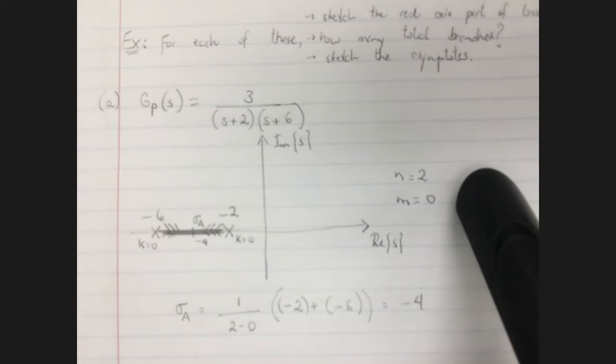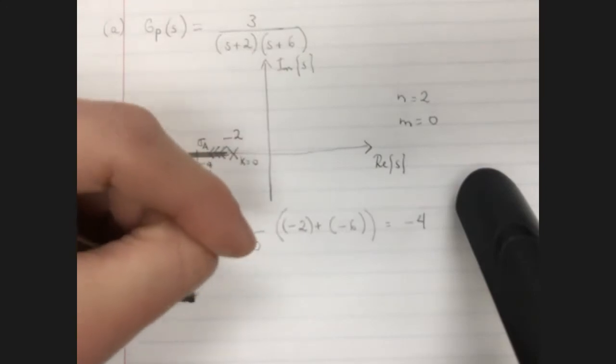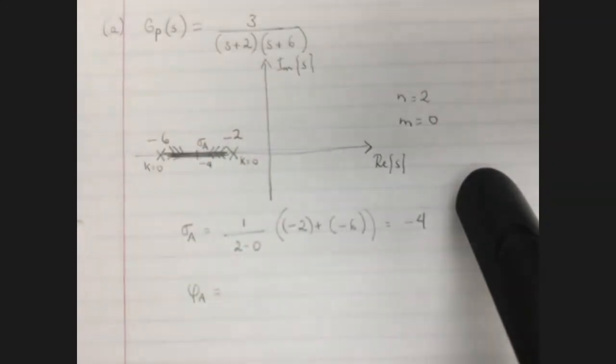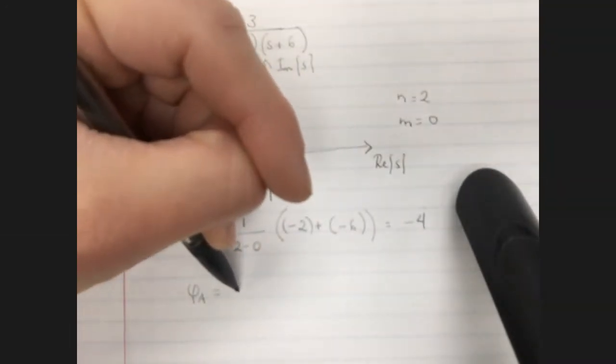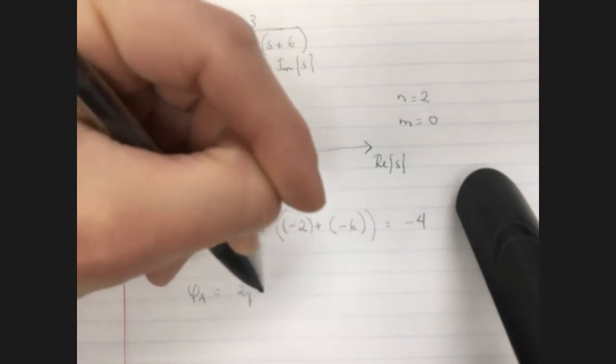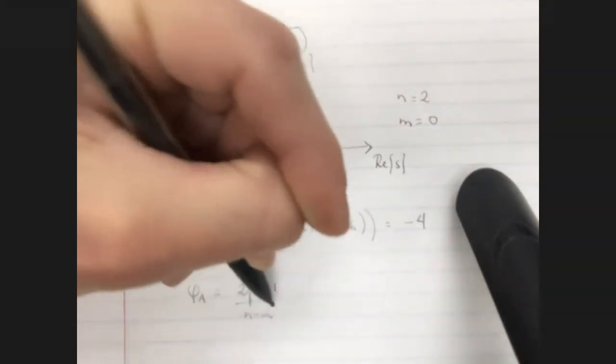Okay. And then in terms of the angles of the asymptotes, we've got this other little formula here. Angles of the asymptotes is 2q plus 1 over n minus m times 180.